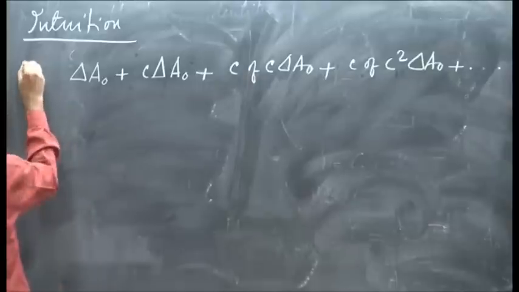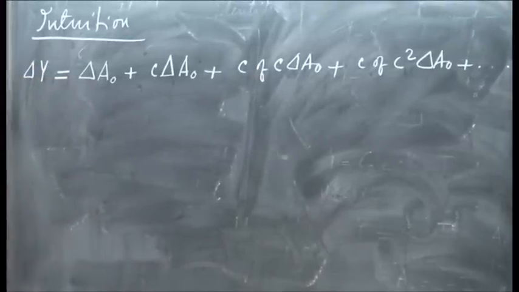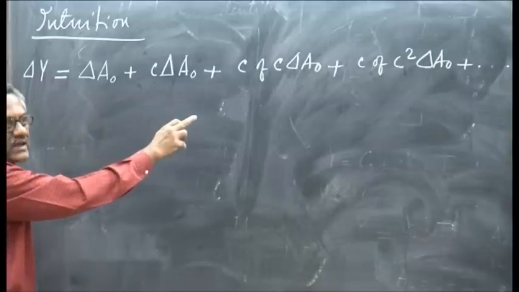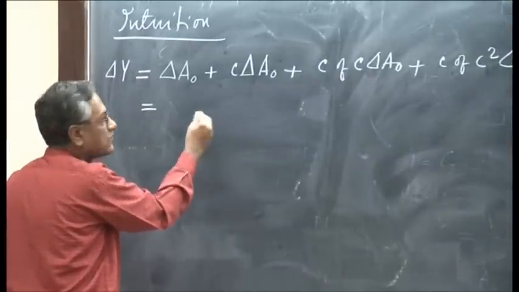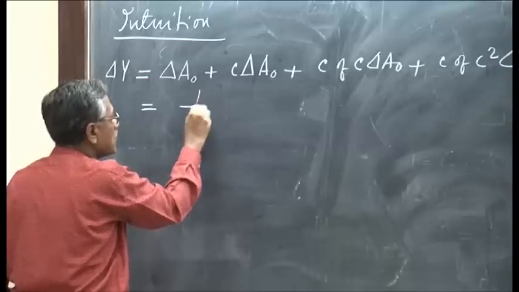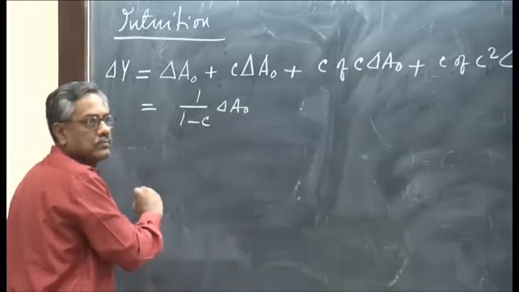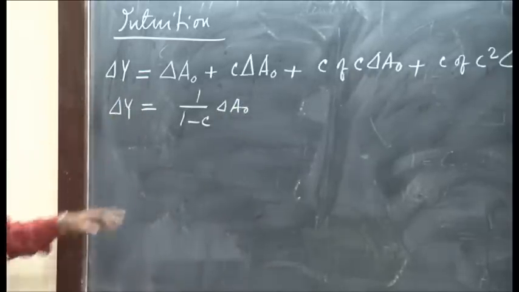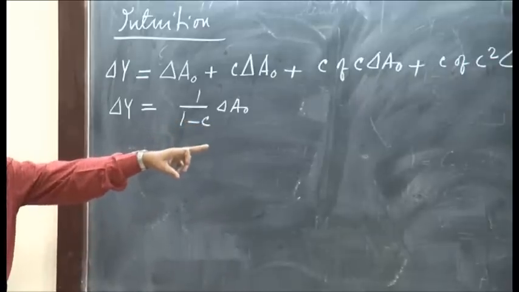And that is the total income generated, delta Y, over successive periods of time. Now this is the geometric infinite series. To sum the geometric infinite series, with common factor C, it will be 1 over 1 minus C into delta A naught. Delta Y is equal to 1 over 1 minus C into delta A naught, which is precisely the multiplier we have there.